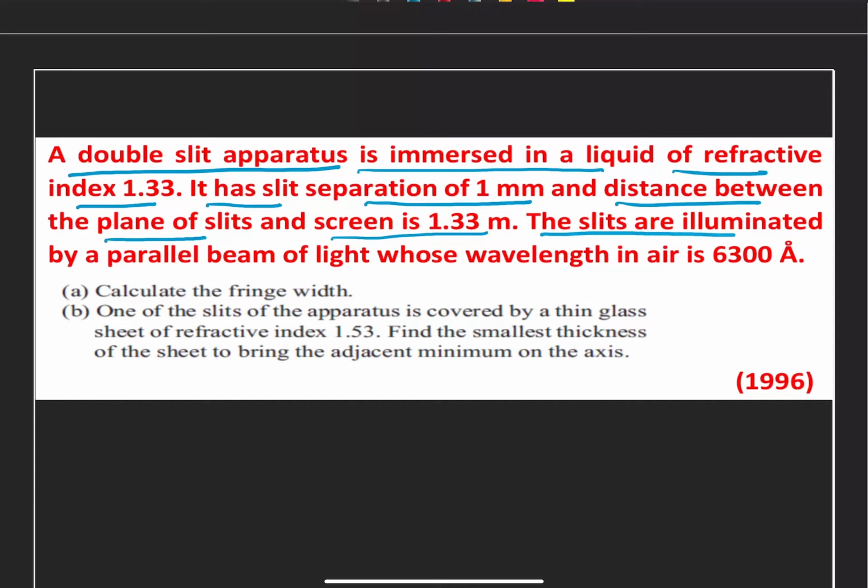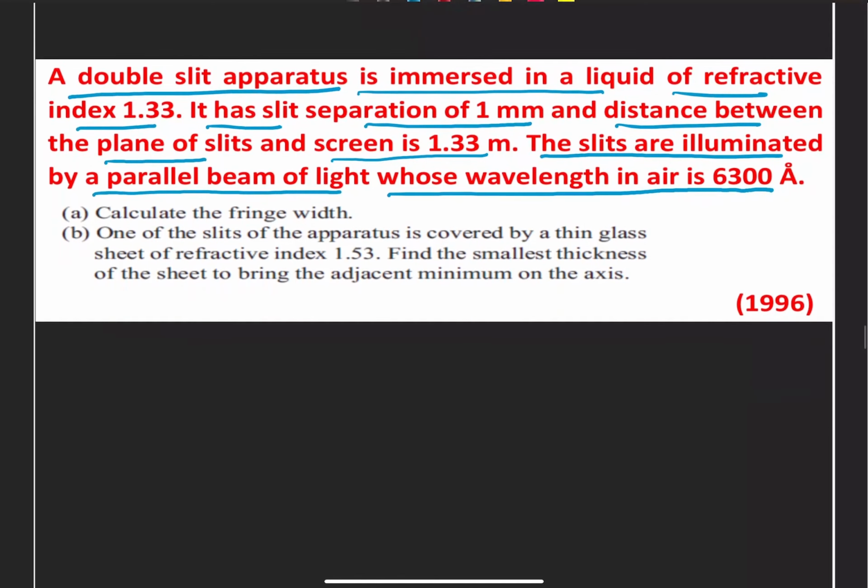The slits are illuminated by a parallel beam of light whose wavelength in the air is 6300 angstrom. So we have two questions based on this. First one is to calculate the fringe width, and second one is one of the slits of the apparatus is covered by a thin glass sheet of refractive index 1.53. Find the smallest thickness of the sheet to bring the adjacent minimum on the axis.